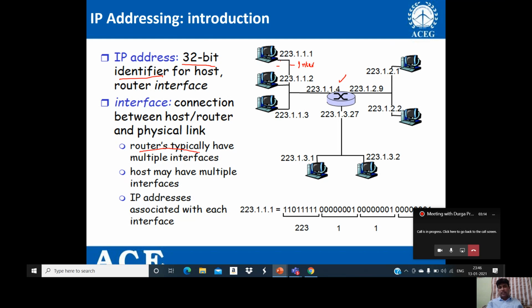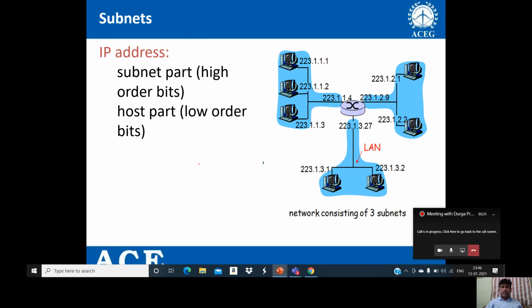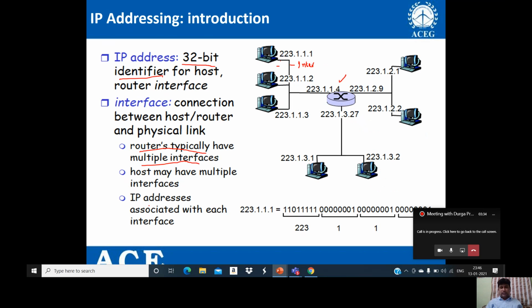Routers typically have multiple interfaces, as compared with hosts, which generally have a single interface. The link that connects the device or router to the network, we call an interface. The IP address associated with each interface is represented in 32 bits or 4 bytes.